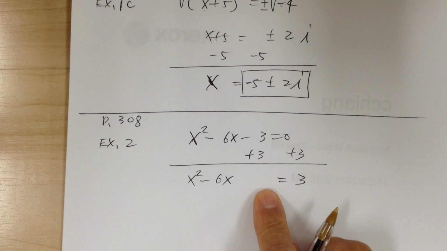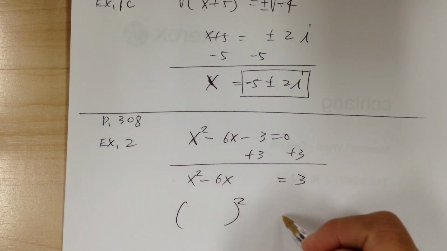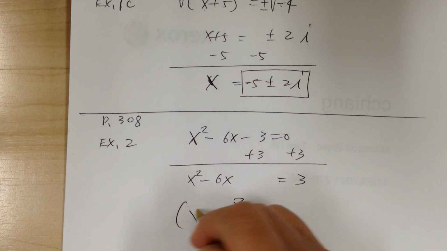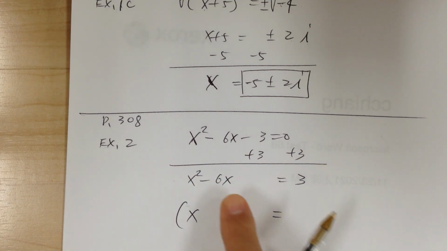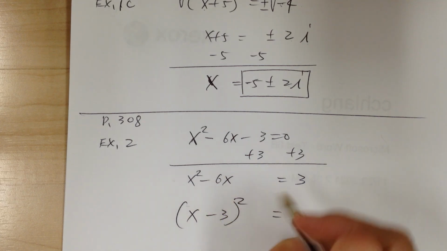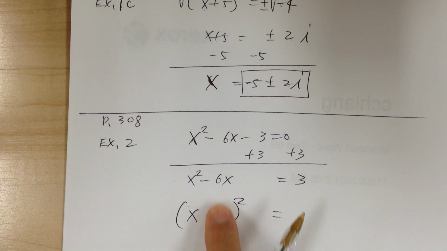Then you need to make this into a perfect square. To get an x squared, you need to have an x over here. To get a middle term of negative 6, you need to get minus 3 over here, because this is always half of that: 2 times negative 3 gives you negative 6.